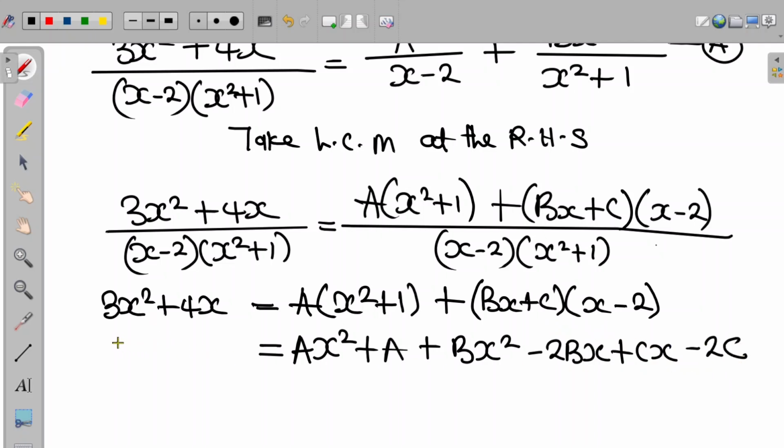Now we bring down the left-hand side, 3x squared plus 4x. At this point, we can group terms.